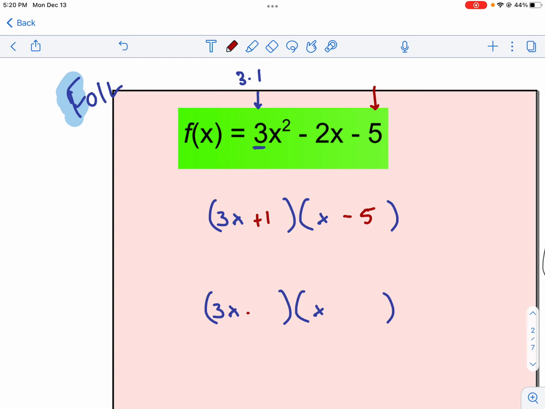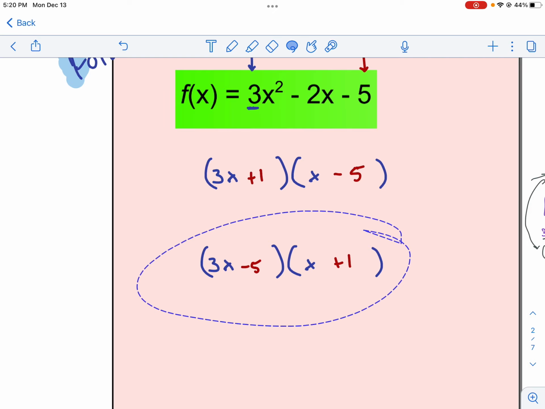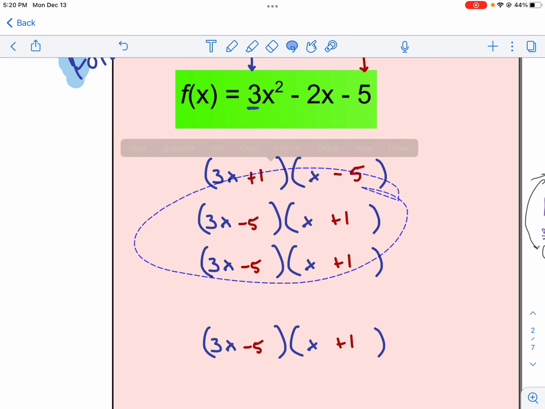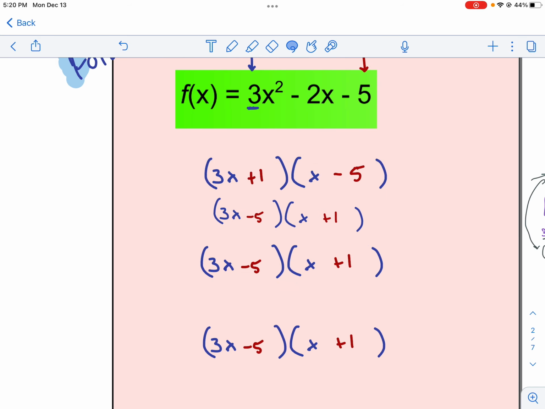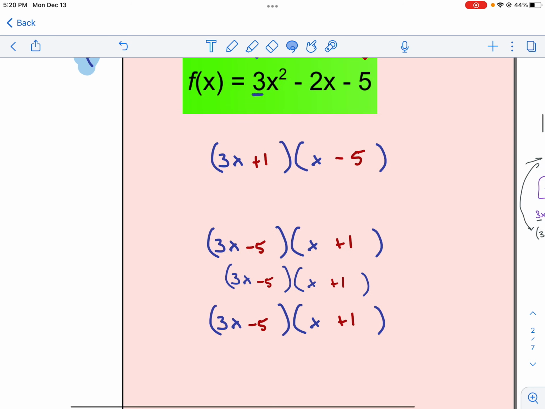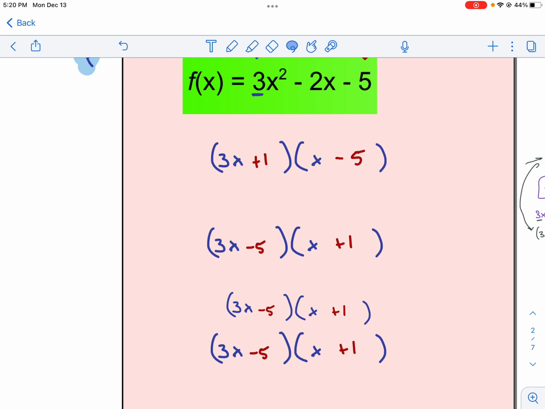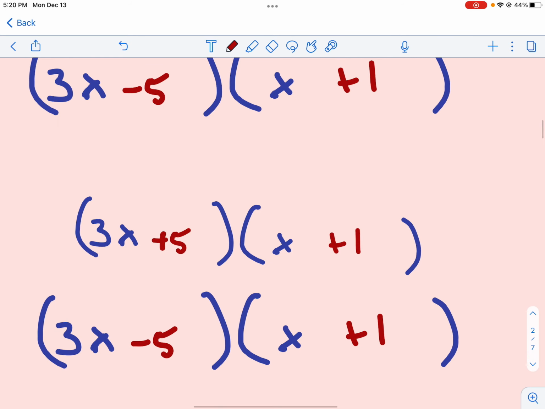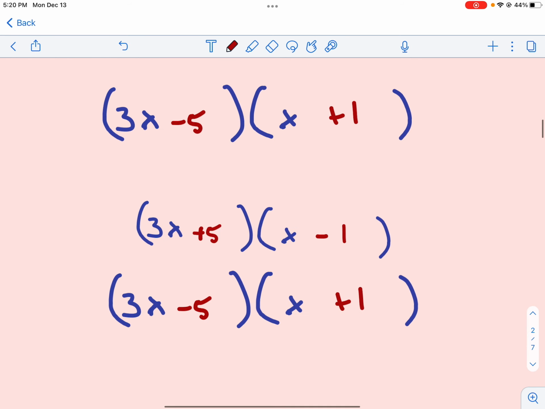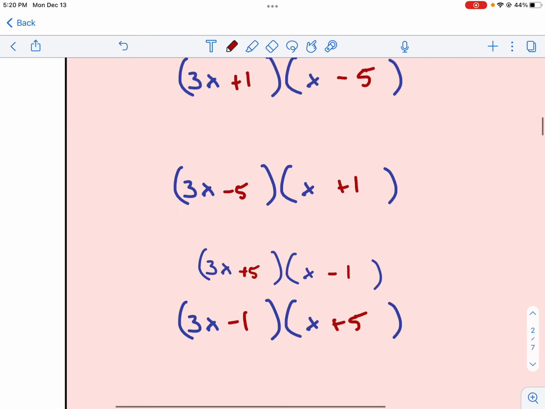It could be 3x minus 5 and plus 1, and you just work through your possible options. Right now, I'm only worried about A, and I'm only worried about C, and one of these combos is going to give me 3x squared and -5. My other options here would be, what if I made 5 positive and 1 negative? And what if I made 5 positive on the right and 1 negative on the left?